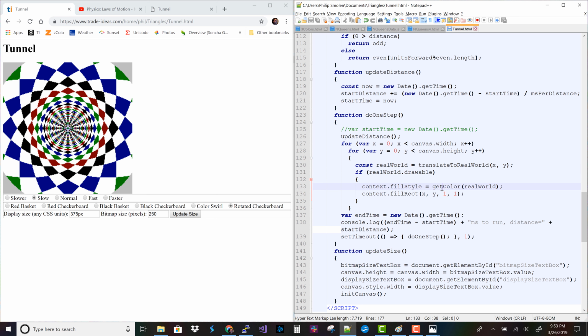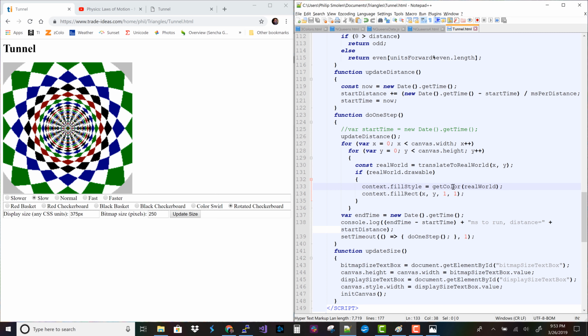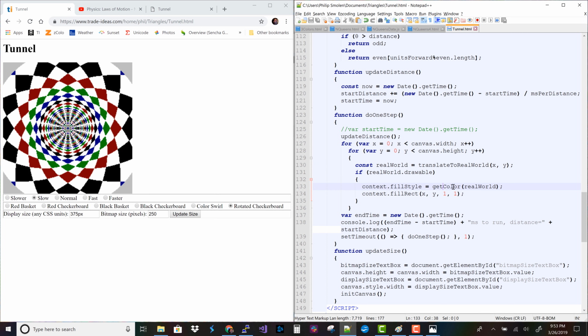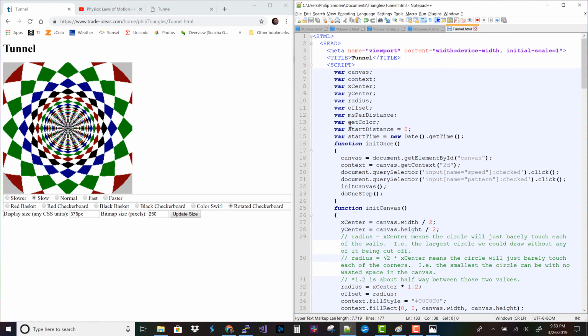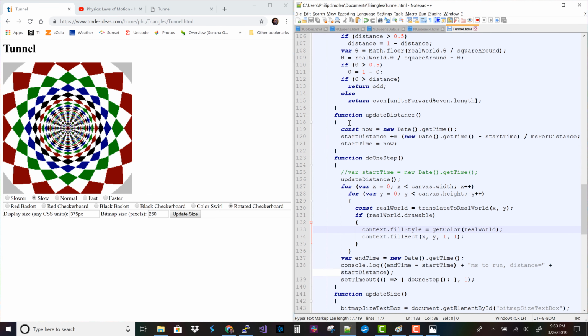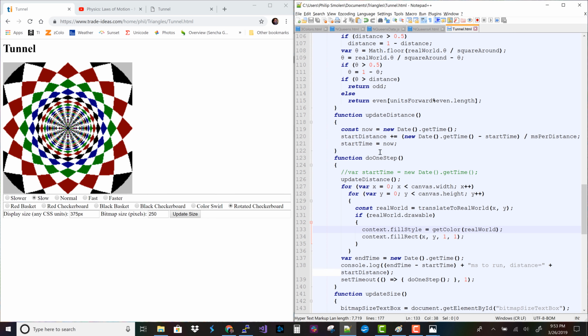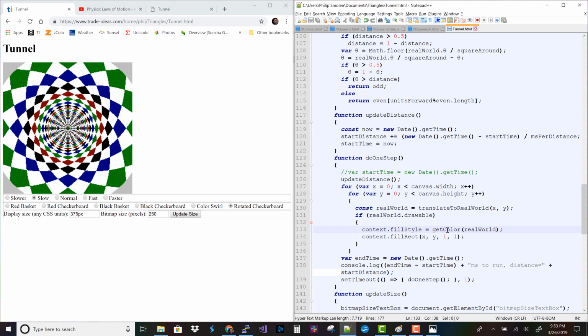Otherwise, this is where it gets tricky. There's this get color that we only briefly saw. It wasn't a function, it was a variable. Get color. So we'll see in a minute where that variable is set, but a variable can contain a function.